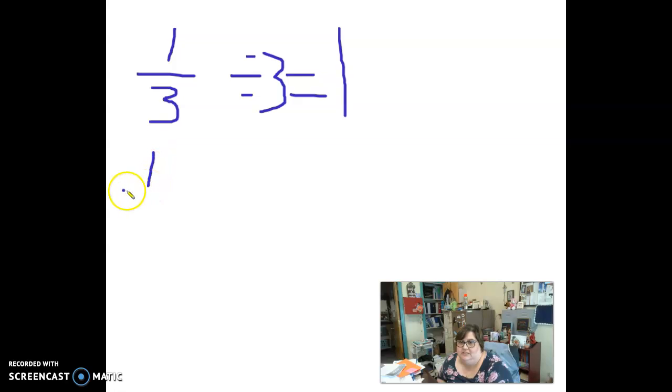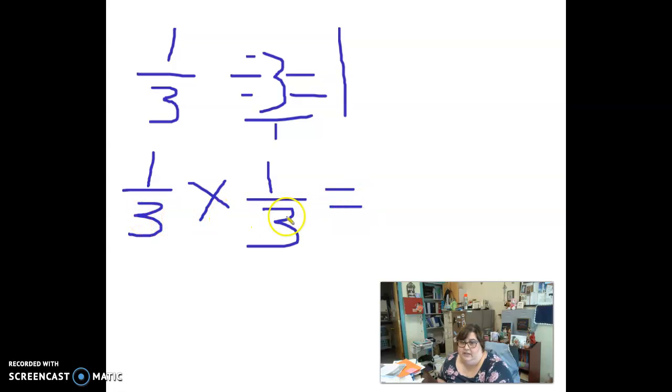The first thing always stays the same. Your division sign turns into a multiplication sign. Then you take the reciprocal, so this would be the same as 3 over 1. So the reciprocal of 3 over 1 is going to be 1 over 3.